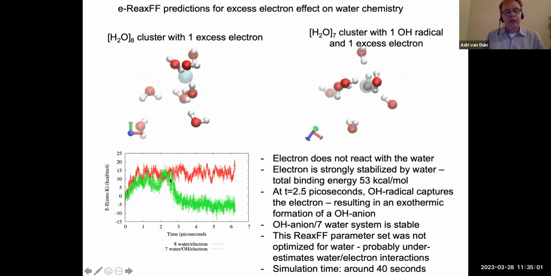That's the green curve over here. After 2 picoseconds, we see the transition from OH radical to OH minus. That's exothermic. But for the water molecule, there is no chemical reaction happening. This was a pretty nice and fast simulation. It took about 40 seconds on a regular laptop. And so we can relatively quickly include these relatively complex electron transfers into a ReaxFF simulation.